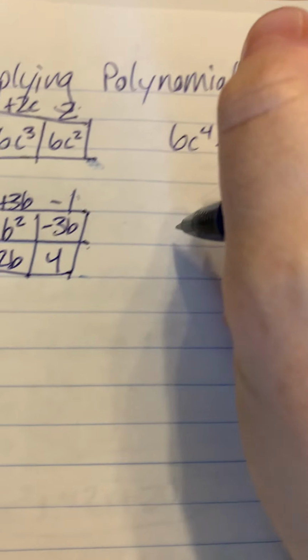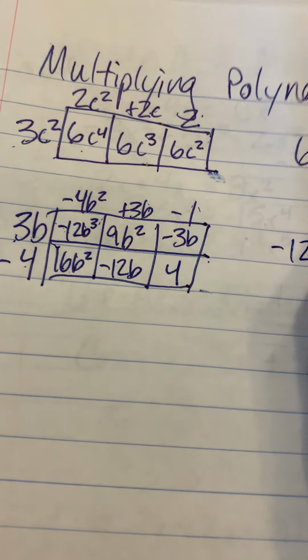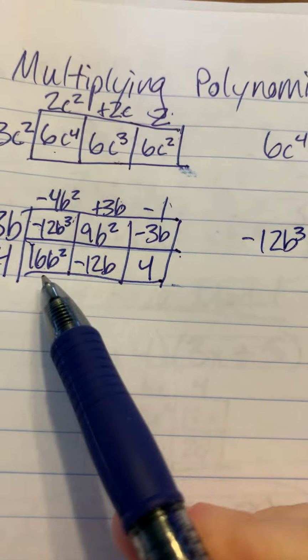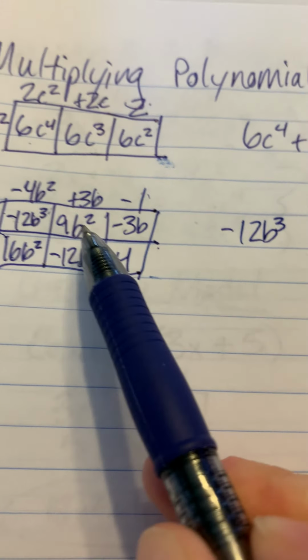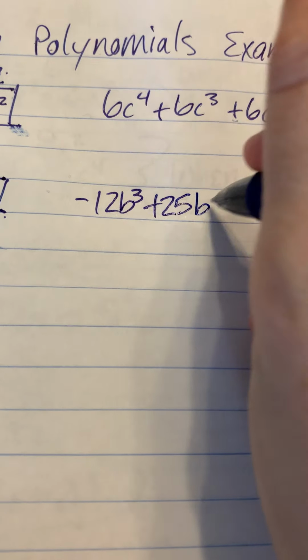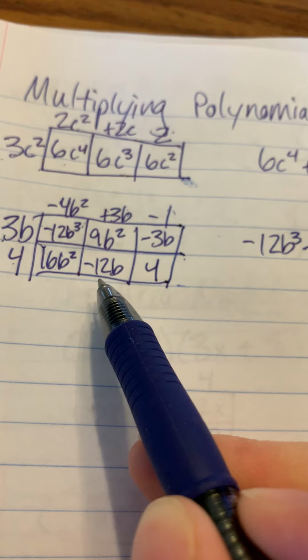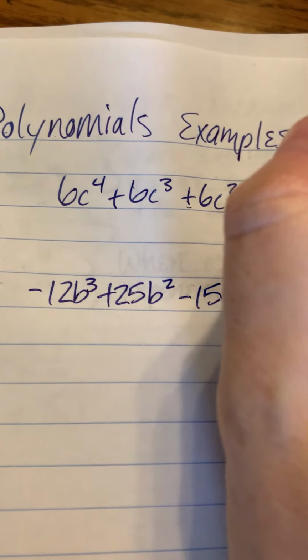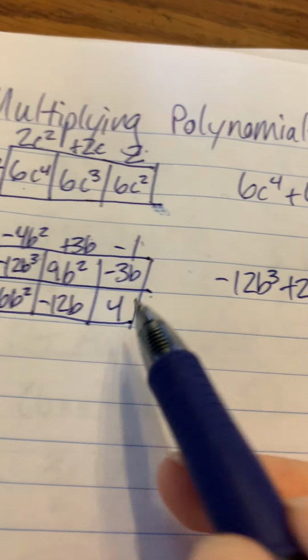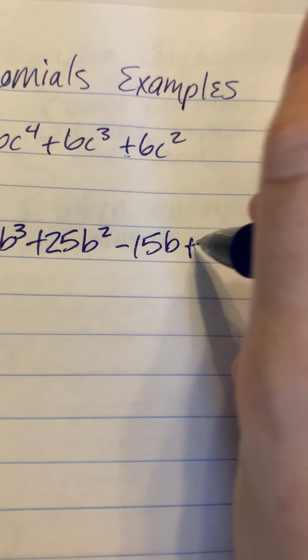That's the only one that's b to the 3rd. These two match up with b squared. 16 plus 9 is 25. Negative 3 and negative 12 match up, give us negative 15b, and the 4 stays by itself.